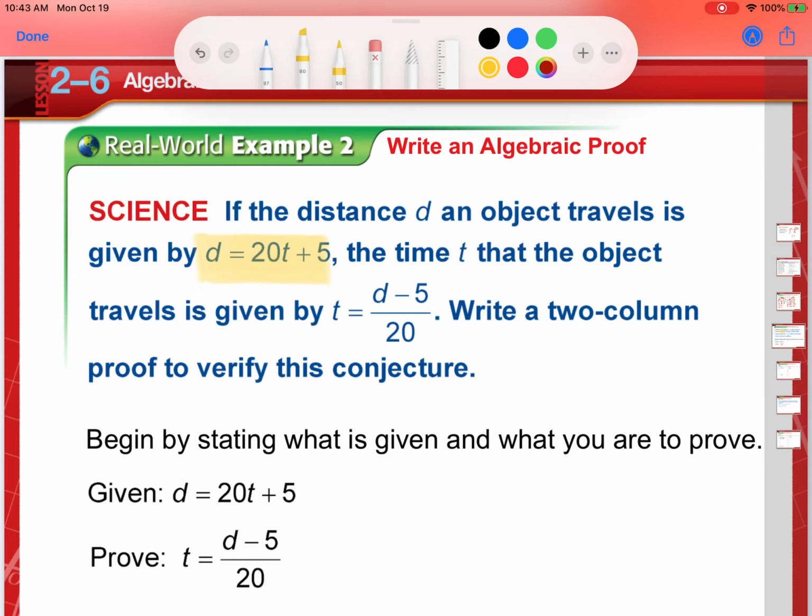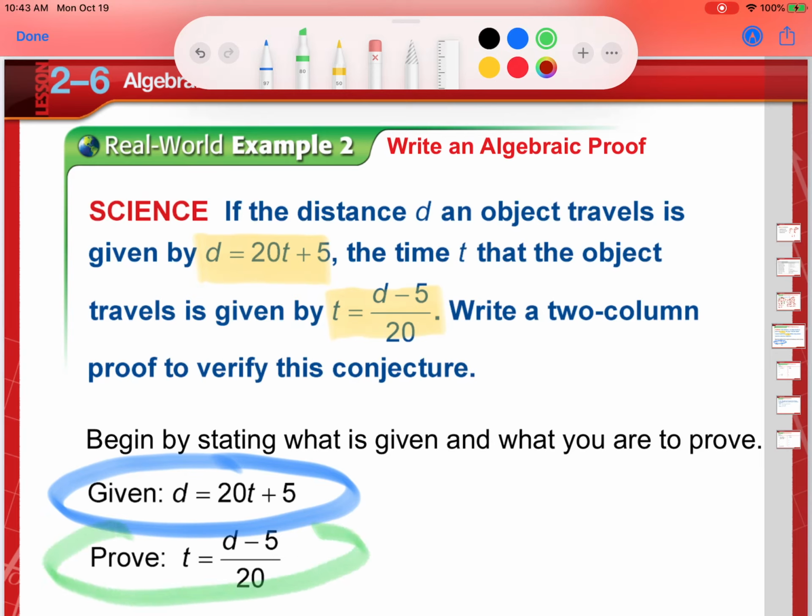If the distance d an object travels is given by d equals 20t plus 5, the time t that object travels is given by t equals d minus 5 over 20. Write a two-column proof to verify this conjecture. So they gave us that distance equals 20t plus 5. So that's our given down here.